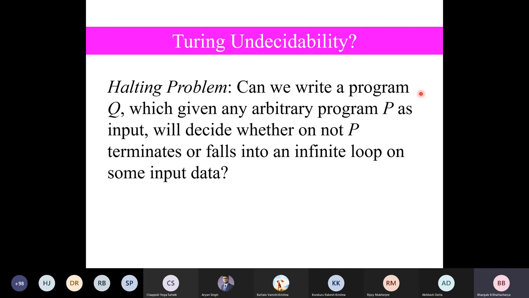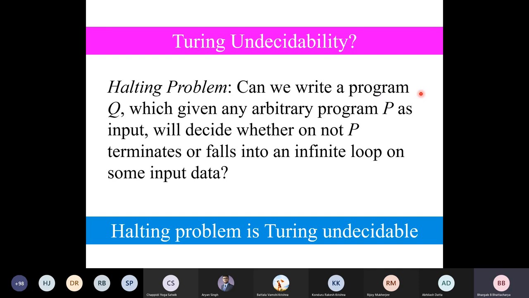And I want to automate this detection process. I want to write another program Q, which would take this program P as input and would decide whether or not P would enter an infinite loop on some input data. The halting problem says that you cannot write this kind of universal program.